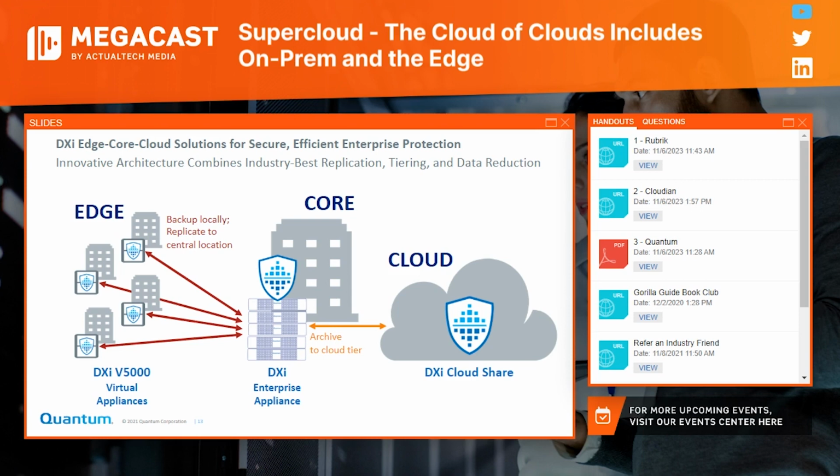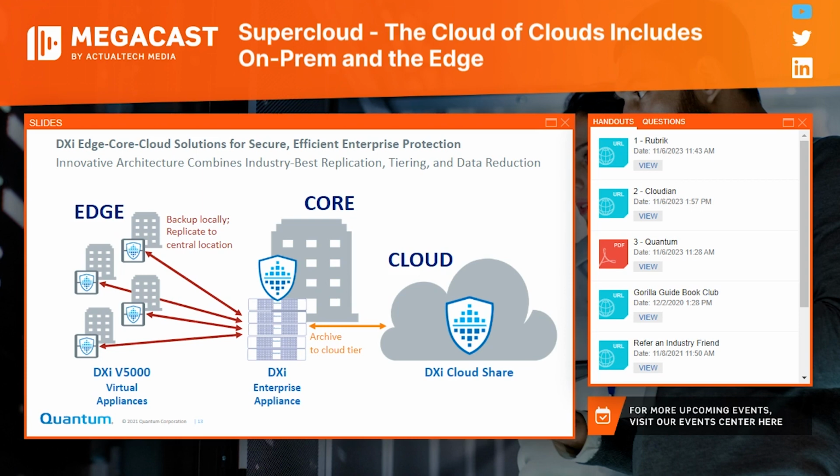DXi appliances are available as virtual appliances that can be deployed in a variety of cloud and hypervisor-based environments. And so across the whole edge, you're able to deploy very cost-effectively DXi V5000 appliances that will back up data locally and then replicate it back to a core DXi appliance in your core data center.